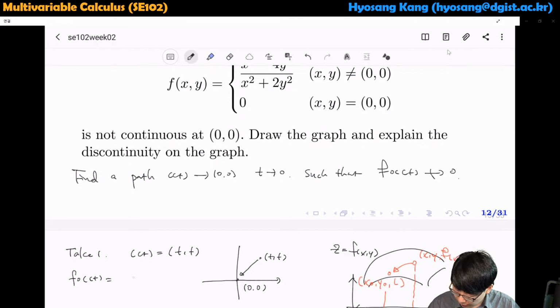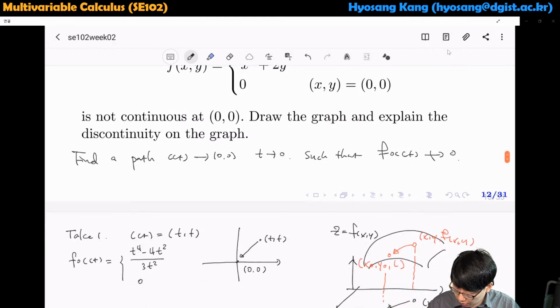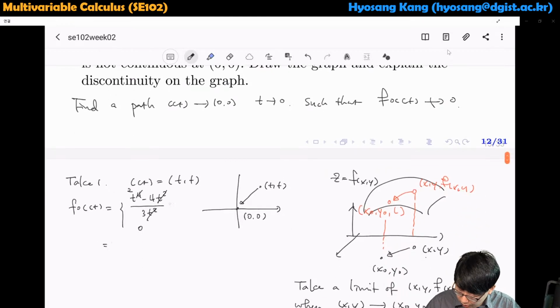Then this becomes (t^4 - 4t^2) divided by 3t^2, right? So if I take the square out, this becomes t^2 minus 4, over 3.